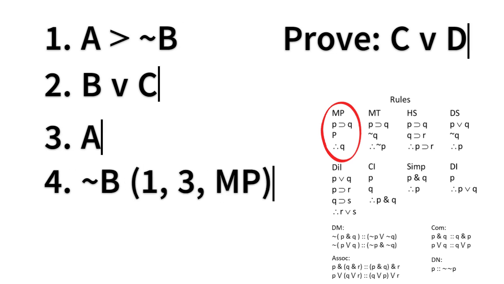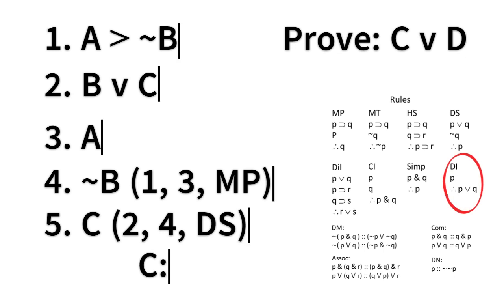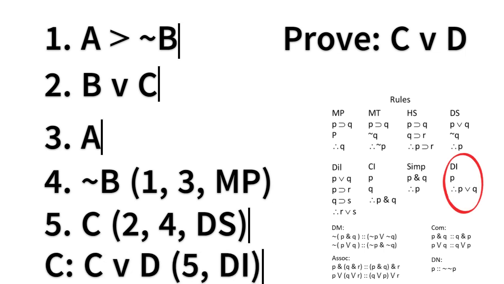With not B on line 4, we can now use it in a disjunction elimination, citing lines 2 and 4 to give us C on line 5. From there, all we need to do is a disjunction introduction, and we can conclude on line 6 C or D, proving that C or D is a valid inference in this argument.